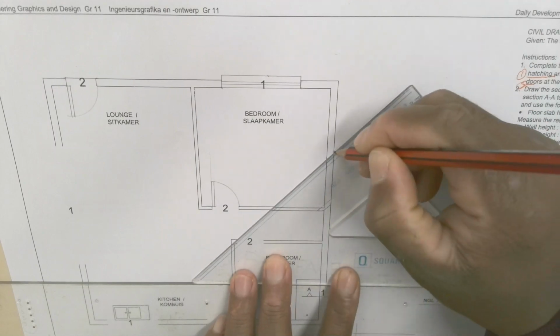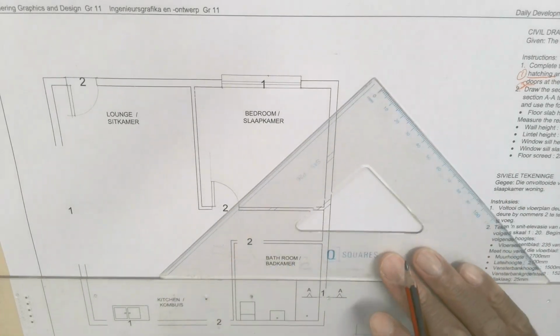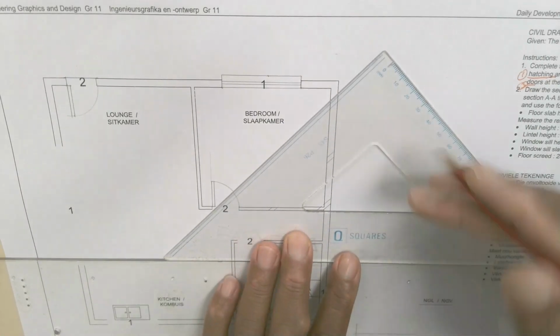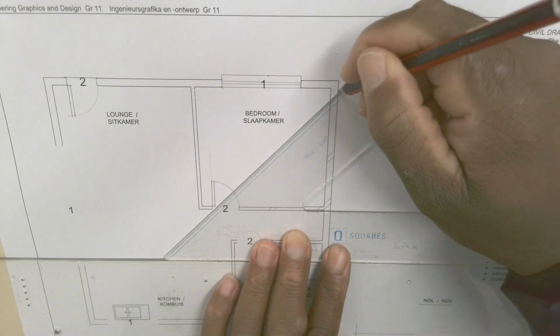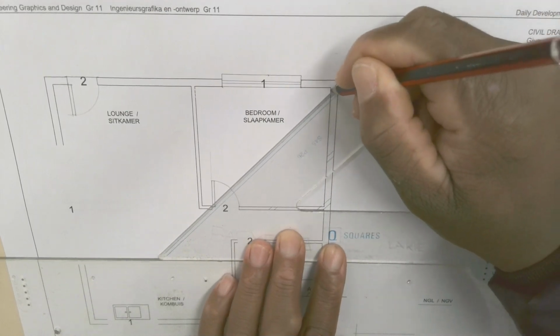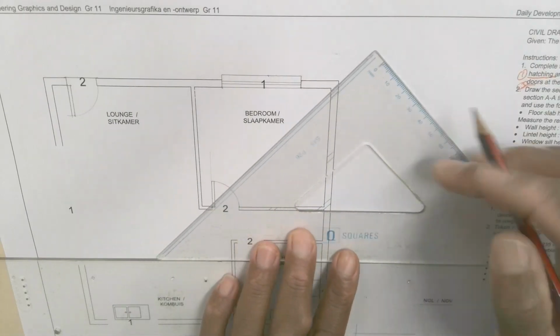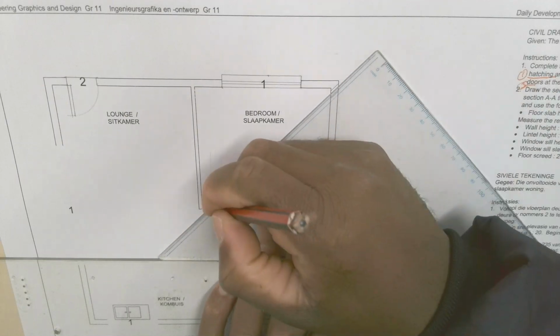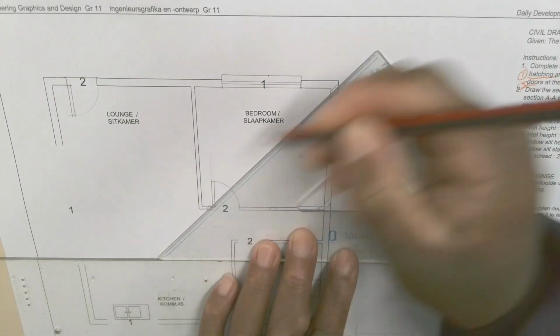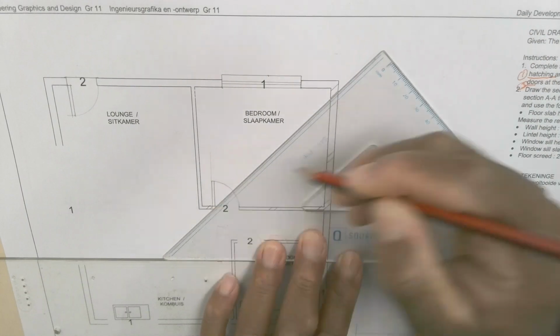We always hatch in a common brick hatch. Alright. 2. Always in pairs. 1, 2. Alright. And just complete that one. Complete that one there.